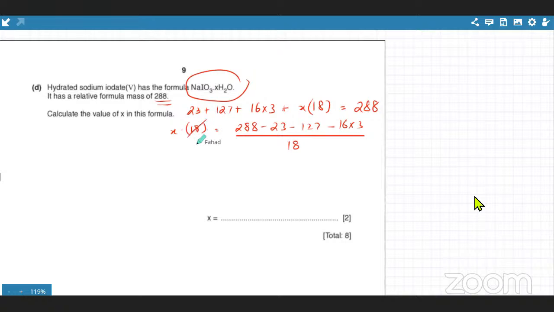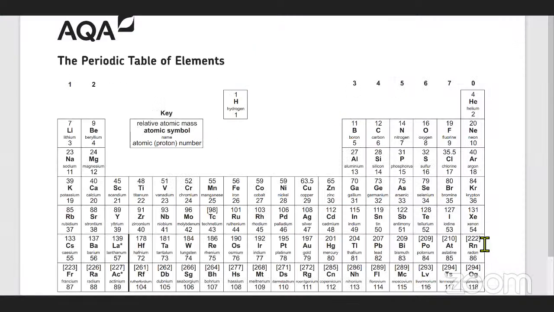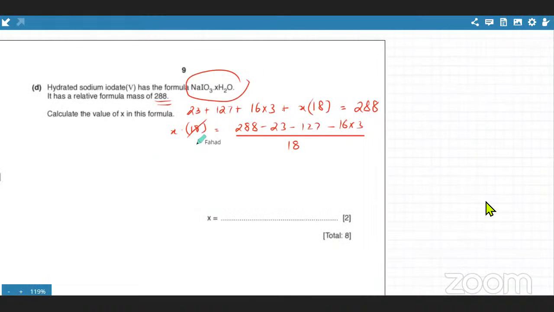First, I need to figure out whether iodine is 127 or not. You can see over here, iodine has a relative atomic mass of 127. So that part is fine.